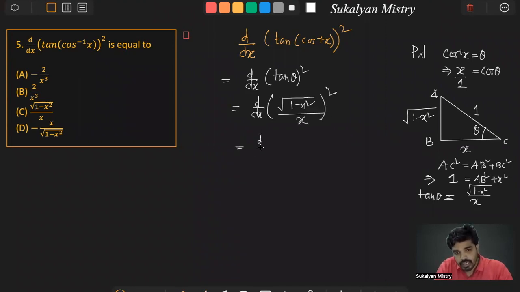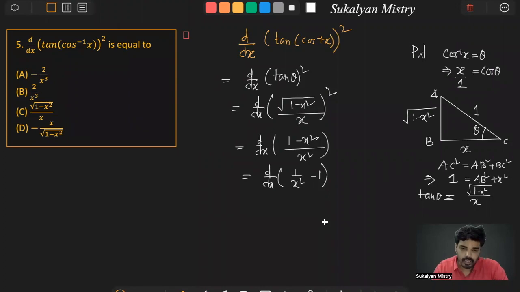So that means d/dx of (1 minus x square) divided by x square, which is d/dx of (1 by x square minus 1).